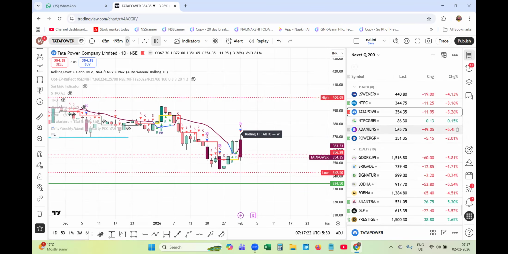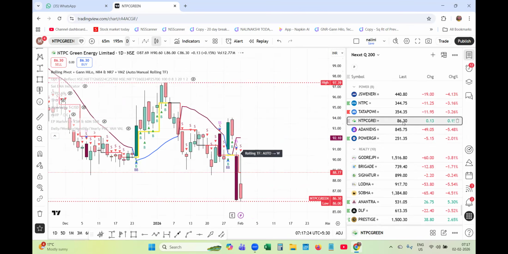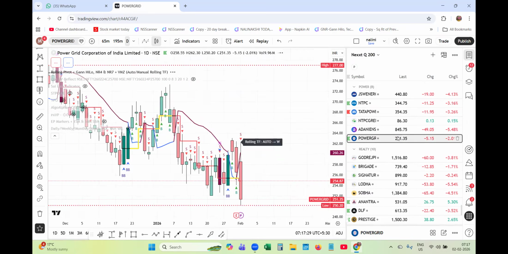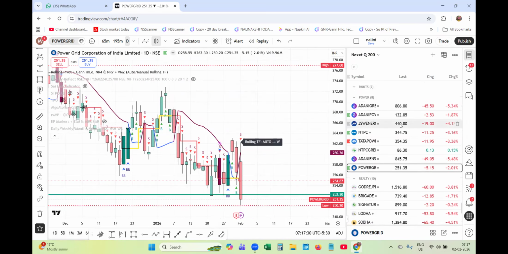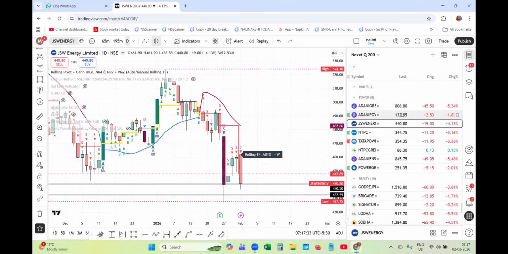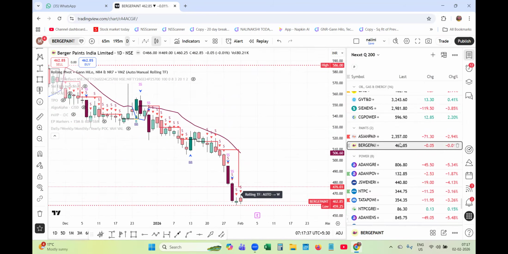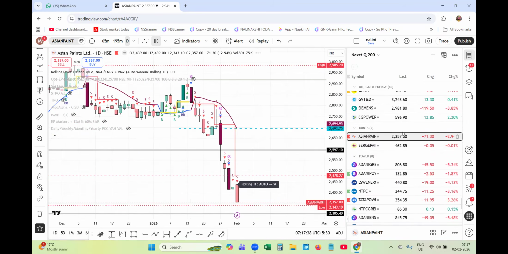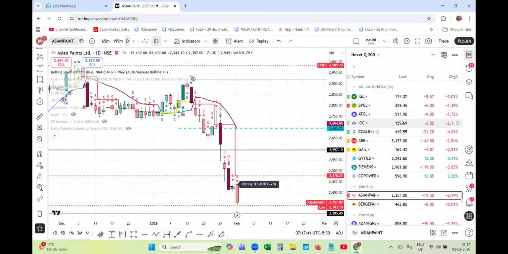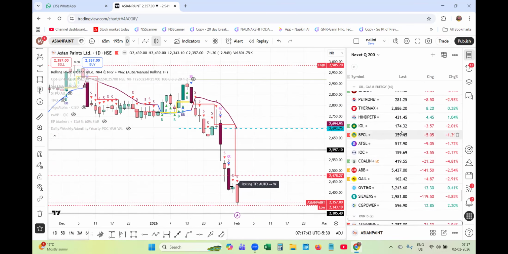Tata Power. Let us take NTPC Green, no. Adani Energy Solutions, no. Power Grid, no. JSW Energy, no. Okay, let us go to Berger Paints, no. Asian Paints, no. Few stocks I'm selecting.